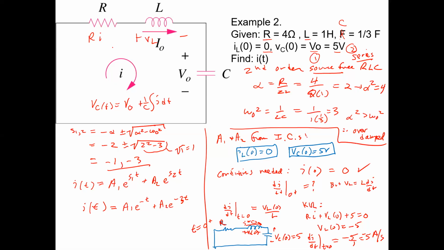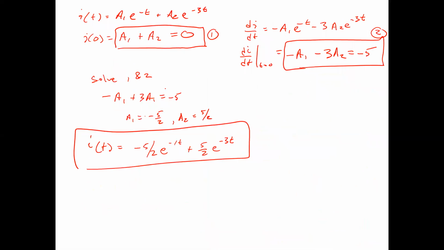And this would be the integral from 0 to whatever time you're interested in, right? You have to integrate the current from 0 to t. It's kind of like a dummy variable integration. Yeah, good question.